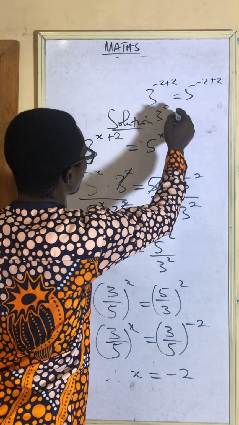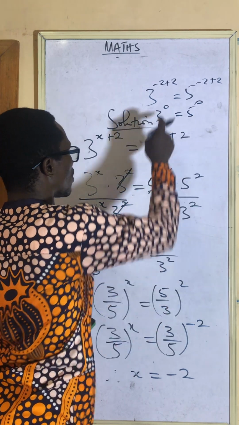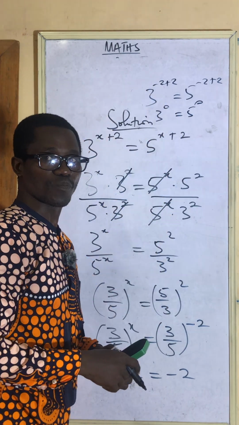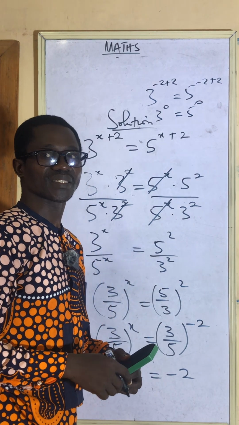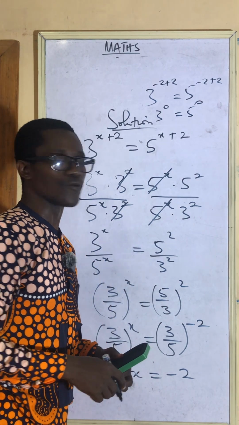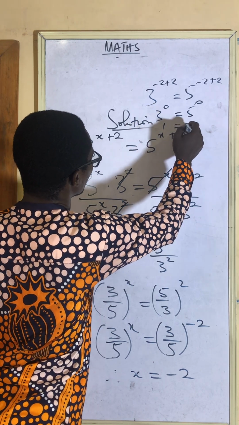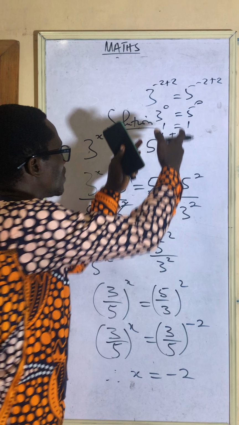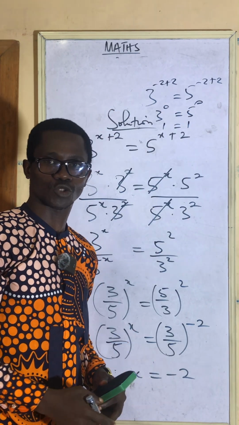So this is 3 raised to power 0 is equal to 5 raised to power 0. Anything raised to the power of 0, so long as the base is greater than 0, is 1. And this means this is 1 equal to 1. So it means our value for x, which is minus 2, is correct.